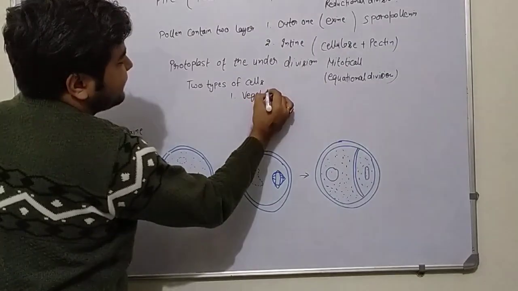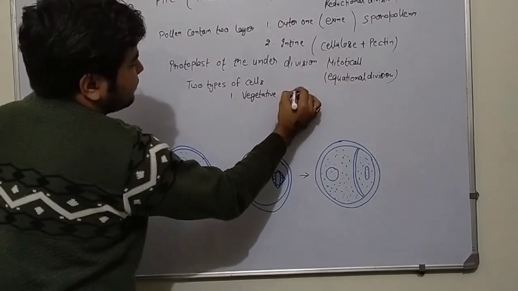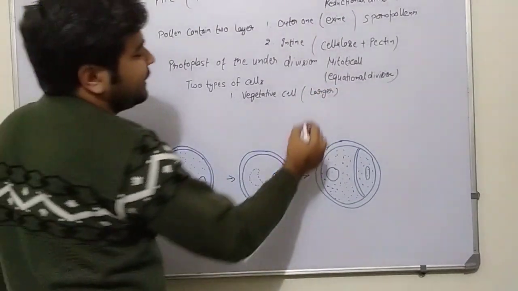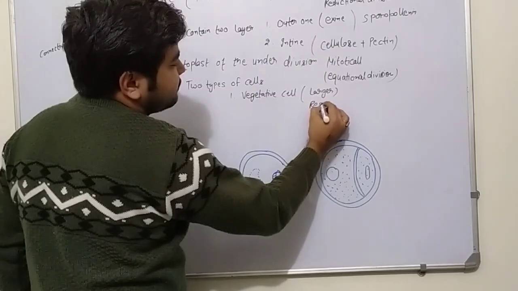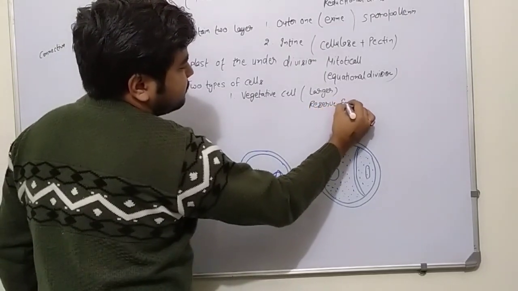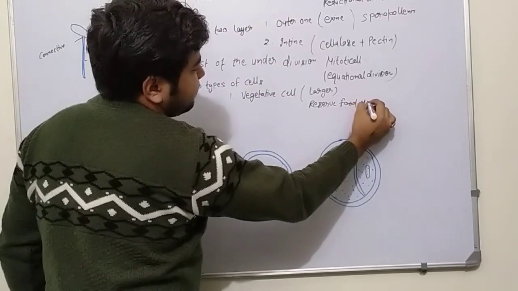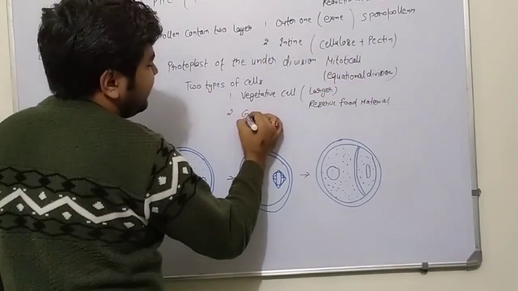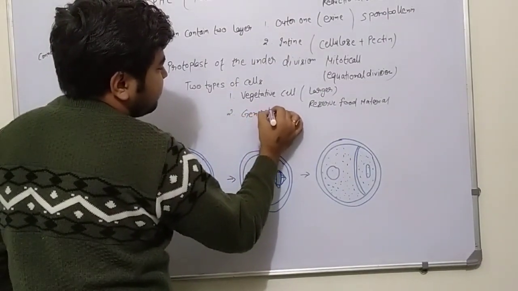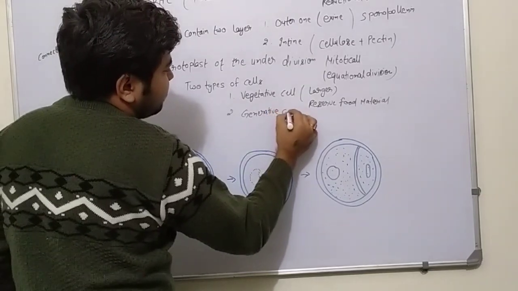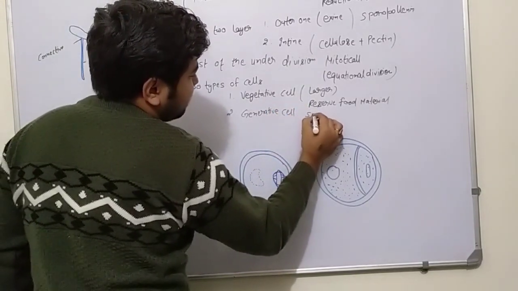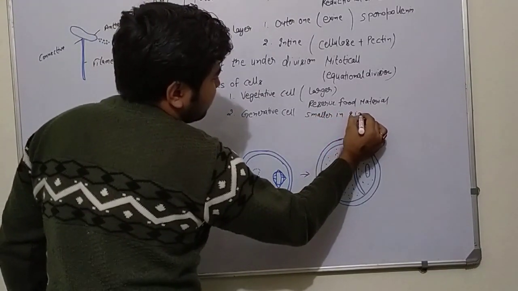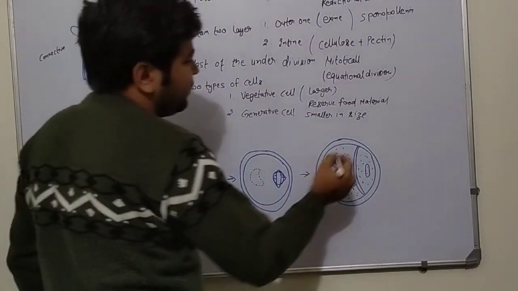Vegetative cell is larger in size and contains reserve food material. And generative cell is smaller in size and forms a spindle formation.